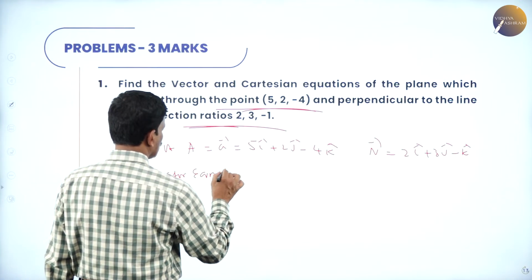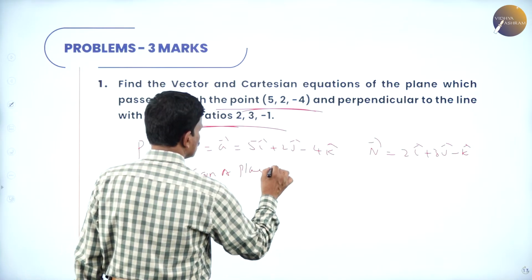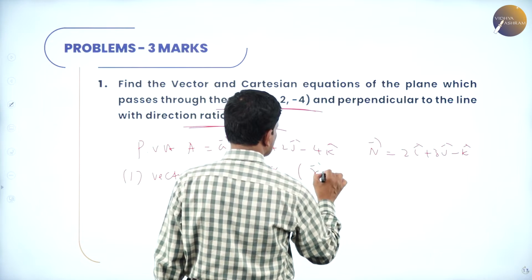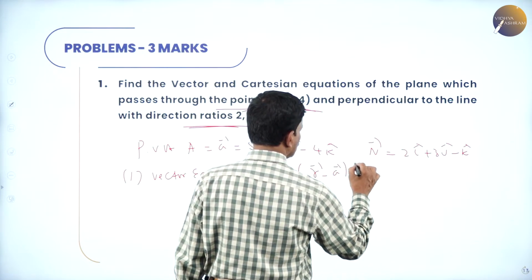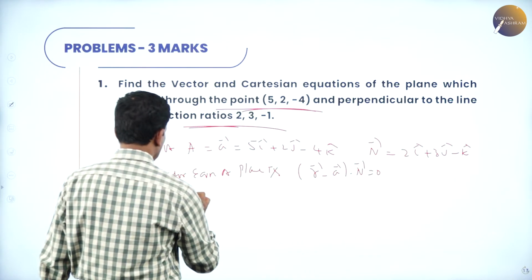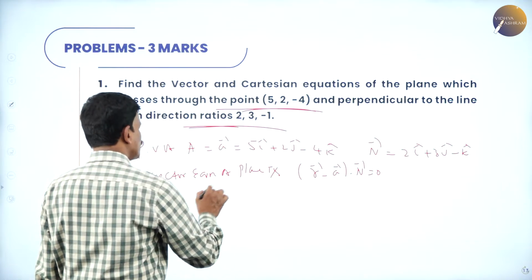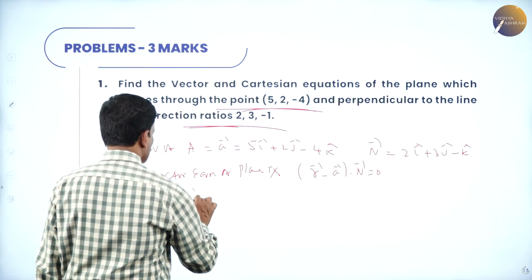The vector equation of the plane is (r - a) · n = 0.